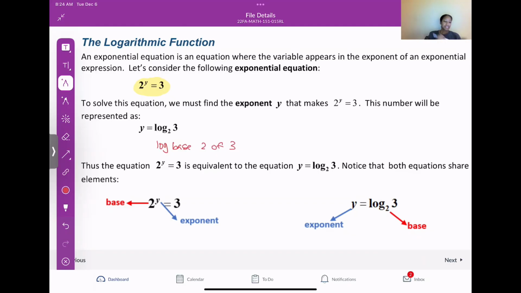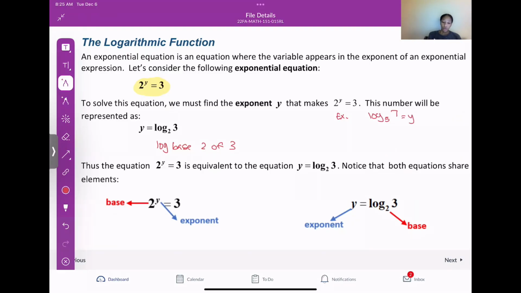Okay, when we see something written as log base 2 of 3, just like I said, the exponential equation has a base, and the logarithmic equation has that same base. The number that we want our output to be equal to, that's what we're taking the logarithm of, and that's always going to be equal to the exponent. So another little side example here, if we just had the logarithm by itself, something like log base 5 of 7, what does this mean?